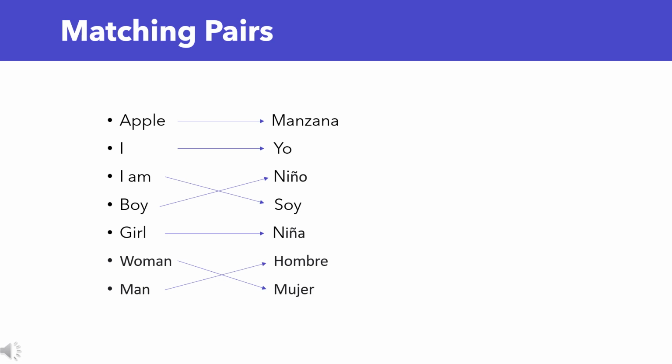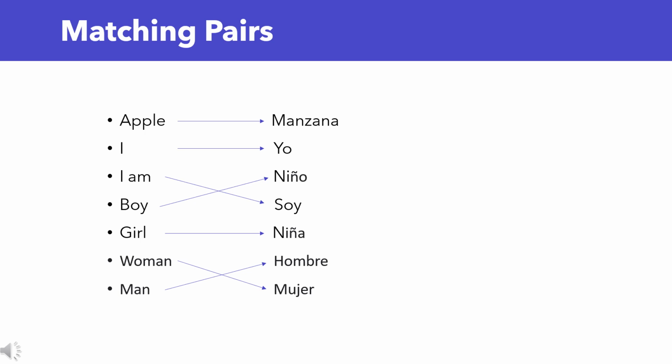These are the answers of the matching pairs. Like apple. Apple in English means manzana in Spanish. I stands for yo. I means yo in Spanish. I am. For I am we say soy. Soy in Spanish.